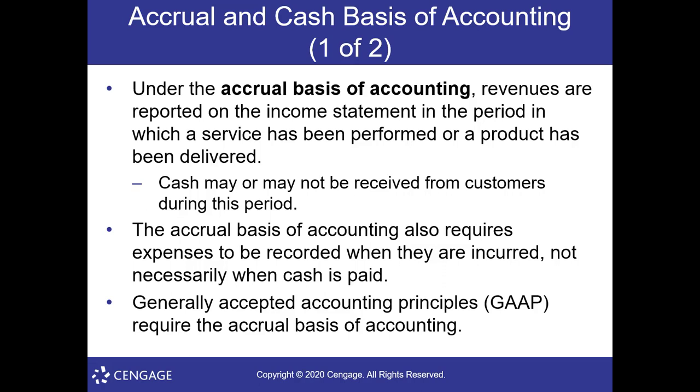It's required under generally accepted accounting principles, and so under the accrual basis, adjustments need to be made at the end of each period in order to true up the account balances and present a full and complete picture of revenues earned and expenses incurred.